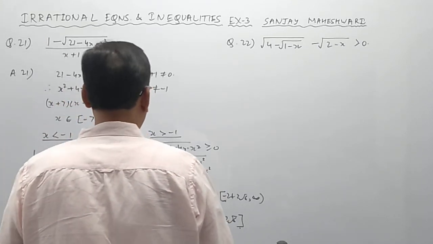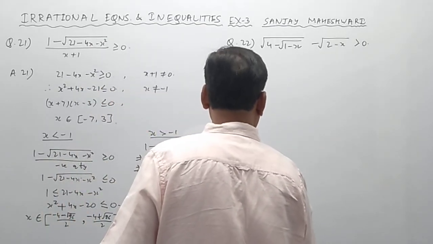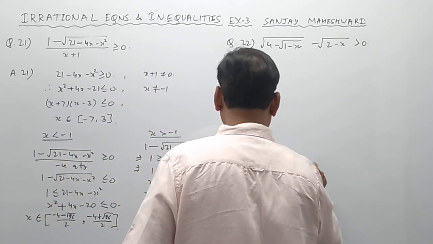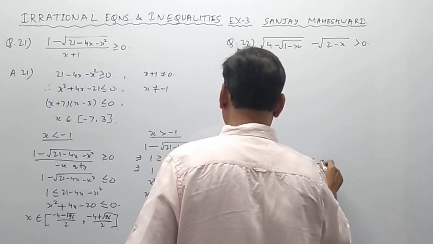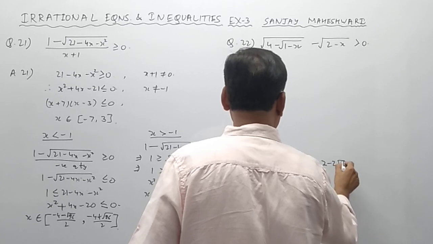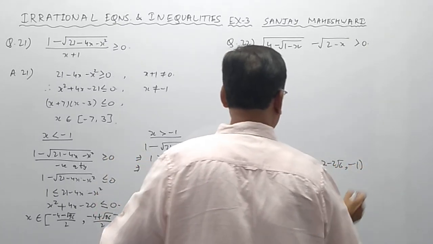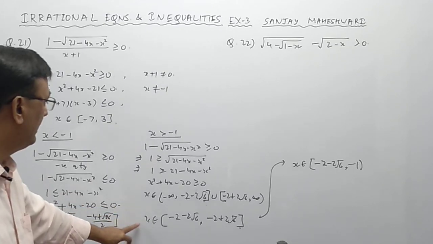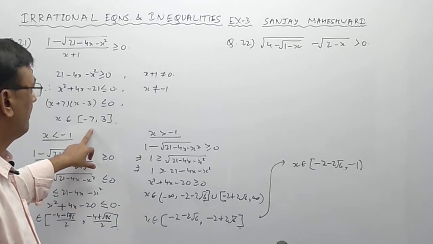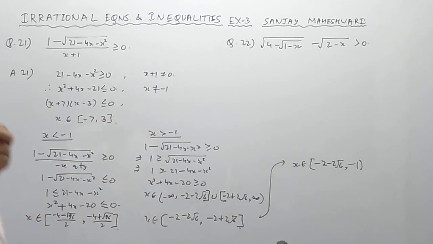So from here we can write x belongs to minus 2 root 6 to minus 1. Minus 1 will be open. This is for this part, the intersection of this with this. And it should not be minus 1, so minus 1 has been omitted.